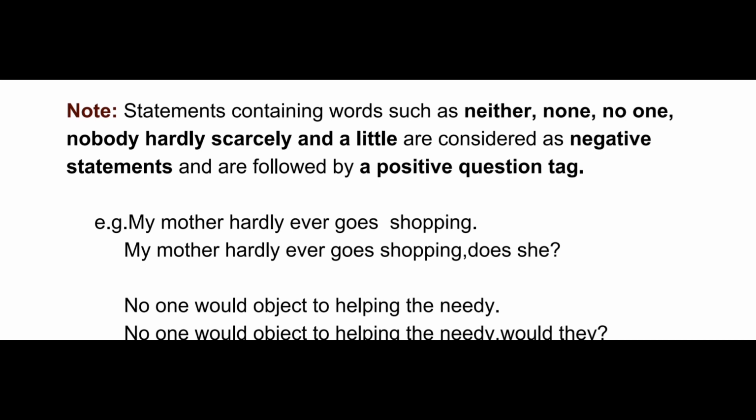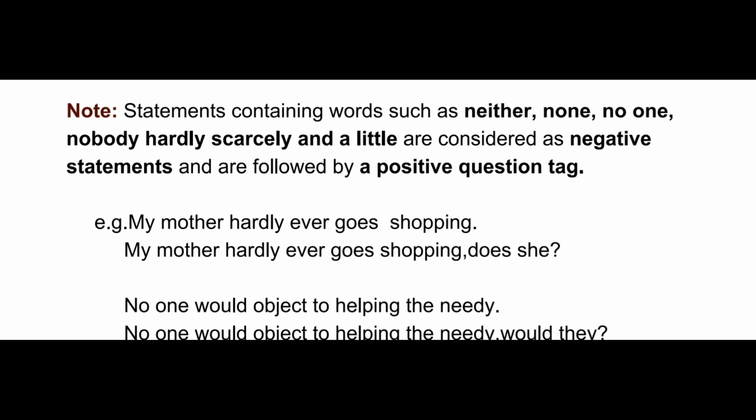Come towards our next note. Statements containing words such as neither, none, no one, nobody, hardly, scarcely, and a little are considered negative statements and are followed by a positive question tag. Let's see one or two examples.